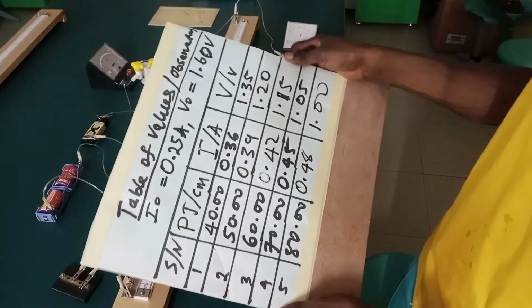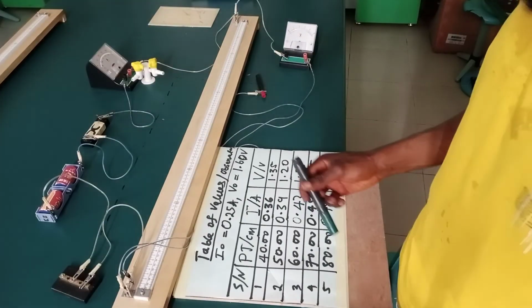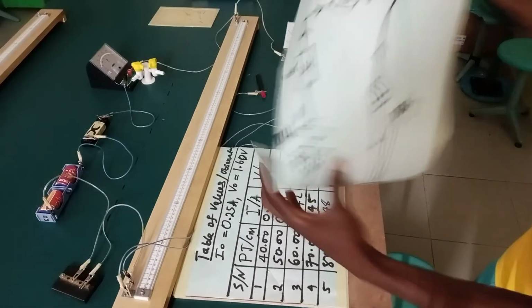horizontal. That is a graph of I against V. You know from Ohm's law, we have V is equal to IR.